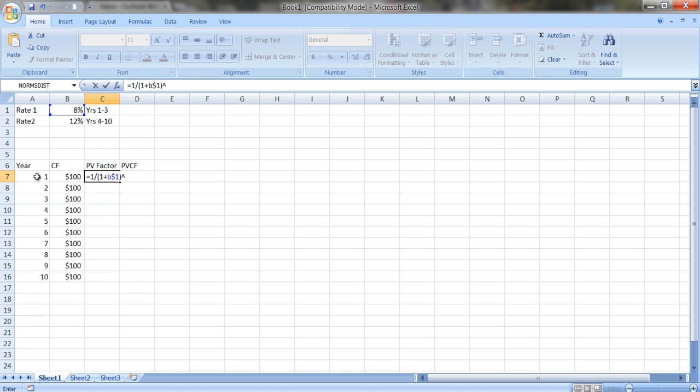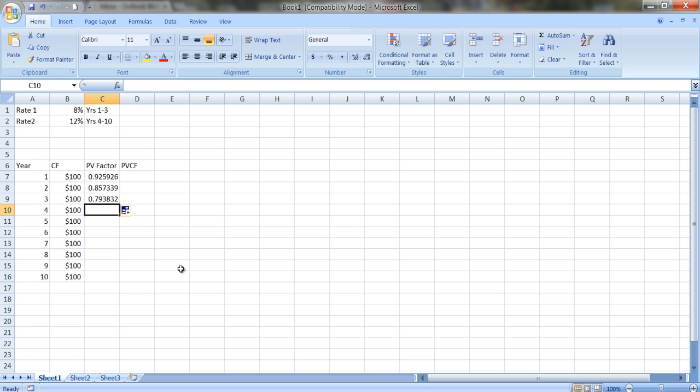So in this case, I want to raise it to the first power, second power, third power. So I want to put in a cell there, A7, and I don't want to put a $ sign in because when I copy it down, I want it to change to cell A8 so that it squares it, etc. And I can copy this down for the first 3 periods.